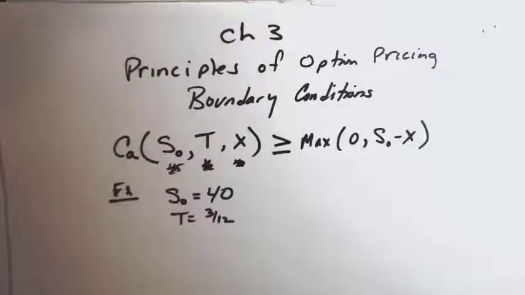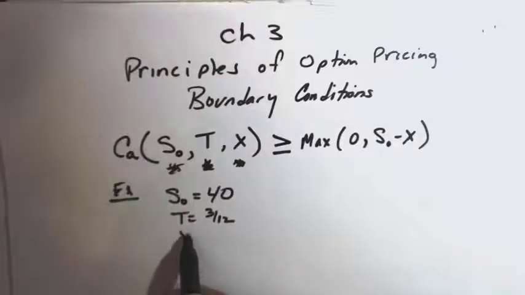And so 3/12 here would be a quarter of a year for this option. Now, if you had an option that lasts a year and a half, that would be 1.5 because it's 1.5 years for the option. Okay, so here this is only a quarter of a year option.